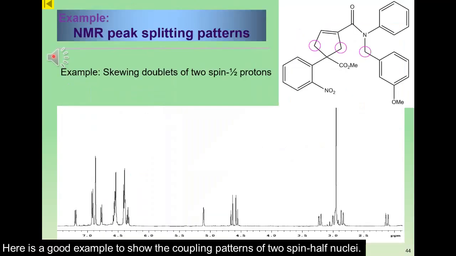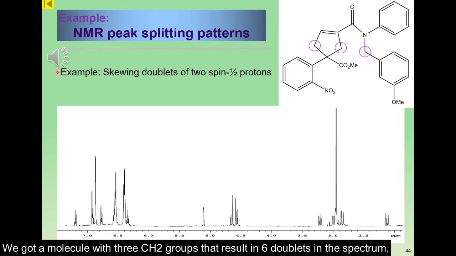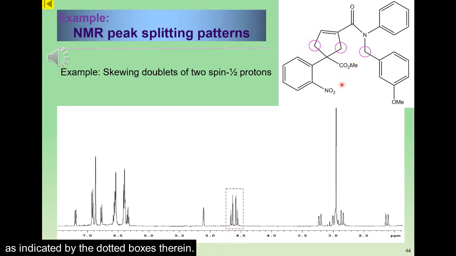Here is a good example to show the coupling patterns of 2 spin-half nuclei. We got a molecule with 3 CH2 groups that result in 6 doublets in the spectrum, as indicated by the dotted boxes therein.